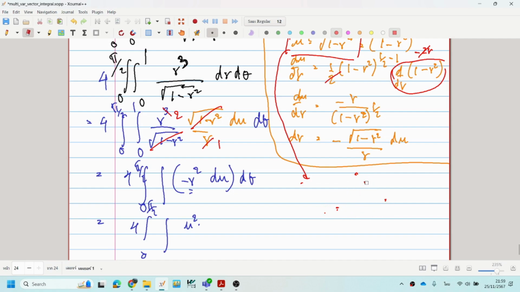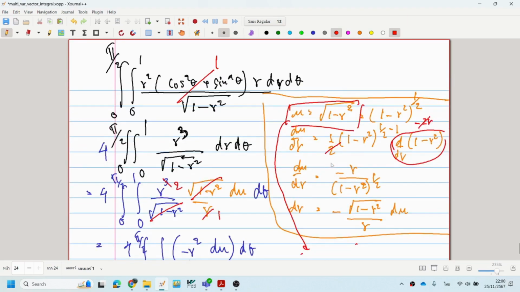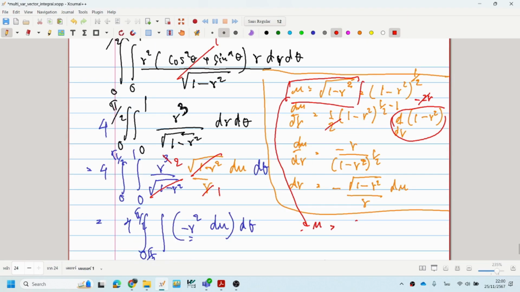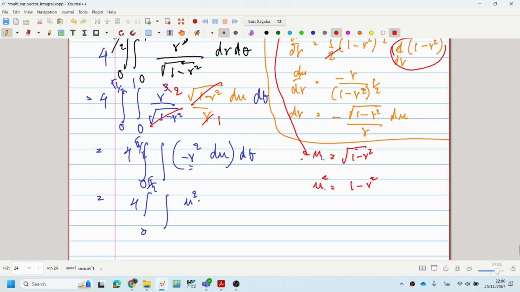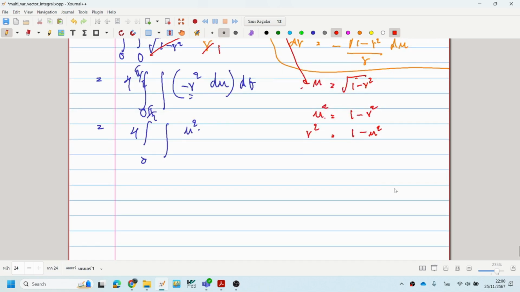Step by step is better, because maybe you were wrong to solve this. If u equals 1 minus r squared to the 1 over 2, you take u squared equal to 1 minus r squared, and move r to the opposite side. You get r squared equals 1 minus u squared.